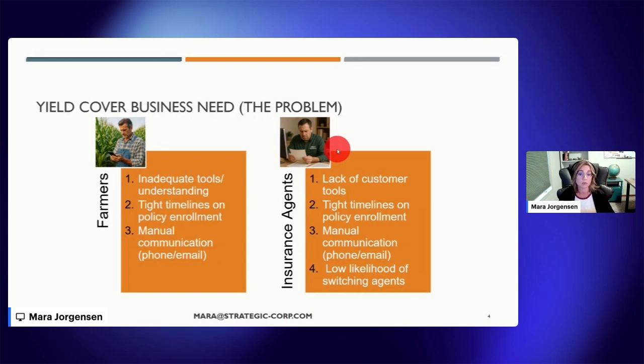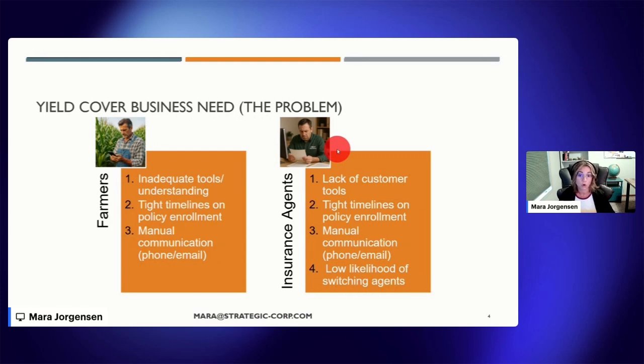Again, it is the manual communication aspect that they also have a problem with, because it's all phone and email generally during that time period, and they are spending long hours trying to get back with their farmers and explaining everything during a short time period. Also, there's a low likelihood of switching agents.